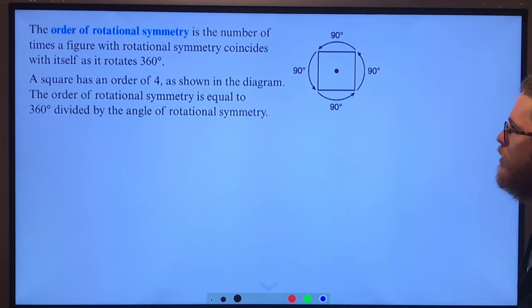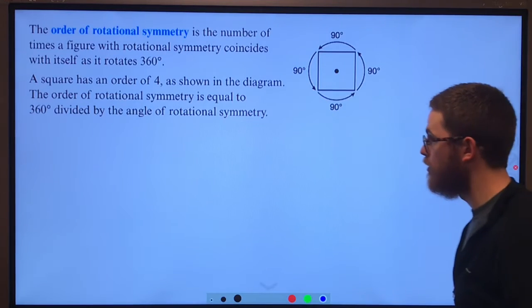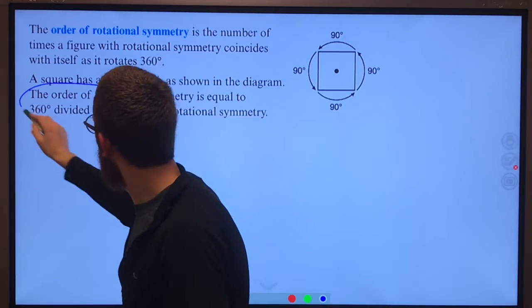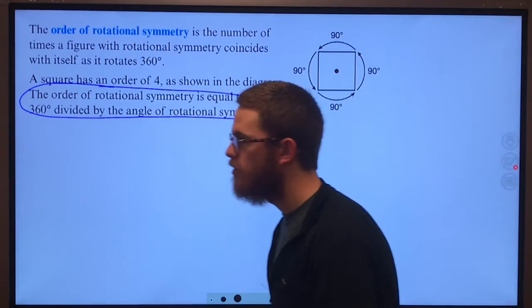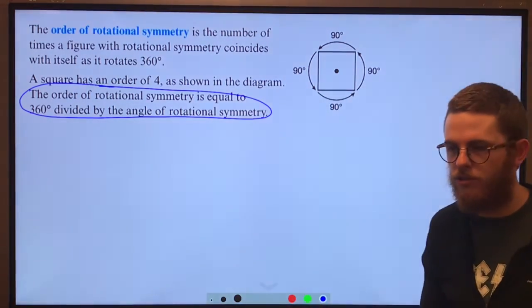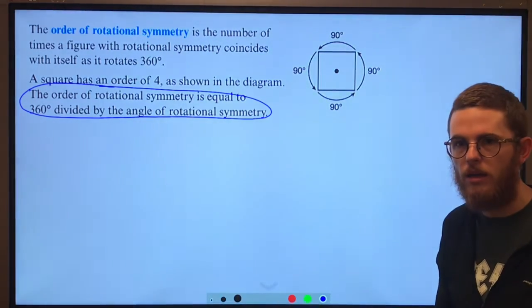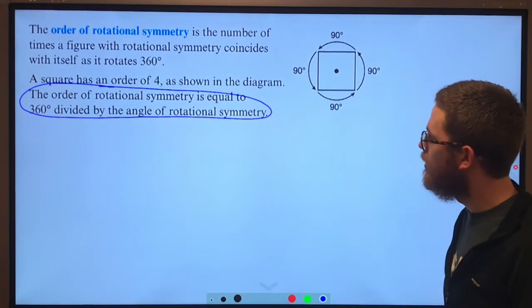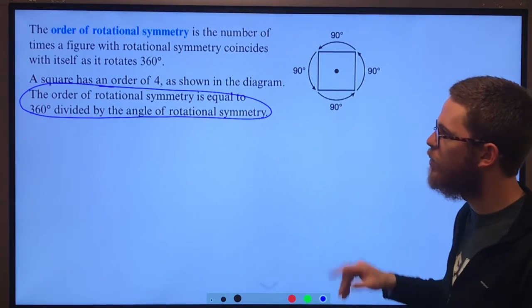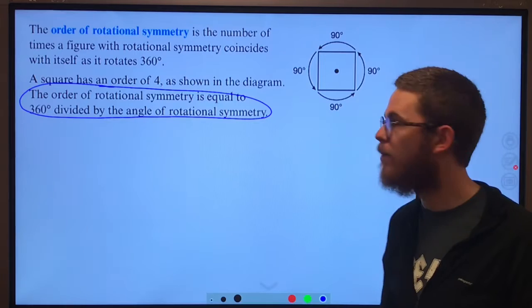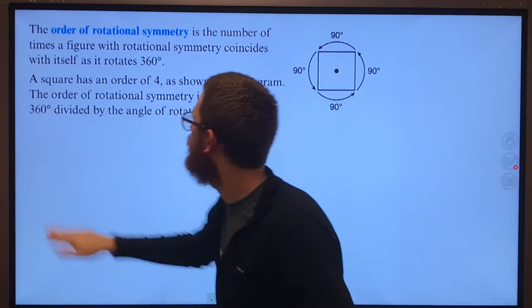The order of rotational symmetry is equal to 360 degrees divided by the angle of rotational symmetry. That may make it a little bit easier on ourselves as we check to make sure it all makes sense.